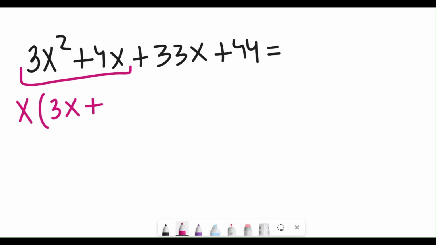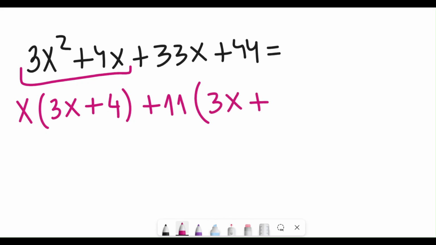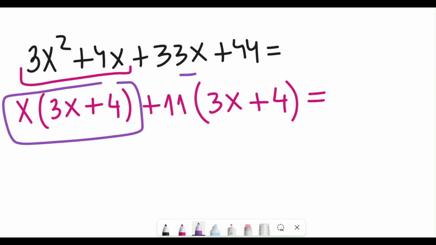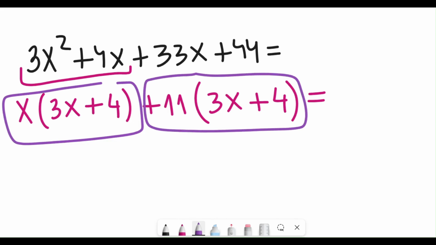X multiplied by what will give you 4x? 4, right? Okay. Now, these two here, what do they have in common? Oh, 33 and 44 are divisible by 11. 11 multiplied by what will give us 33x? It's 3x. 11 multiplied by what will give us 44? It's 4. So same thing as before. This one and this one have what in common?